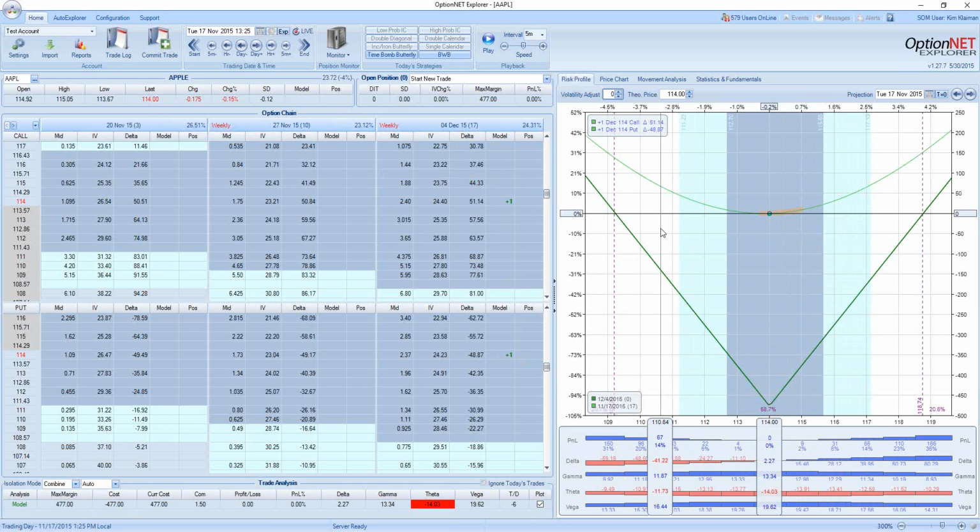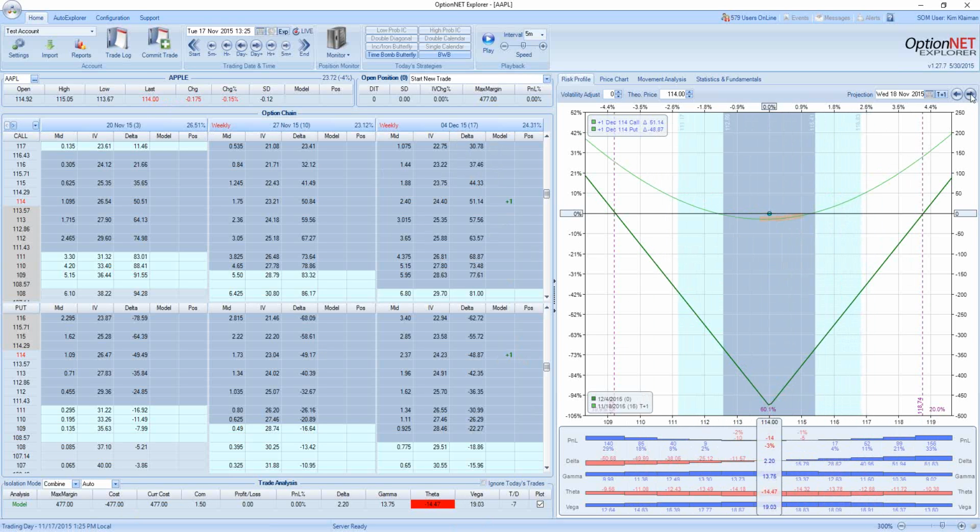So we don't really care which direction the stock moves as long as it moves. As long as it moves, we will have a profit. So where is the catch? The problem is that if the stock doesn't move, the trade will start bleeding money every day because we have negative theta. So let's see what happens, for example, 1 day out.